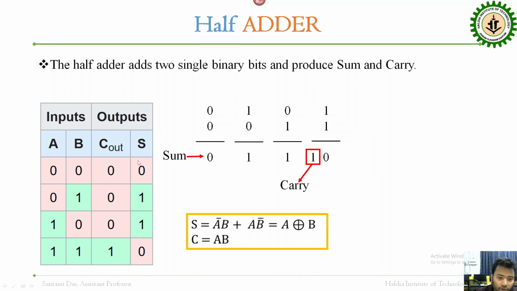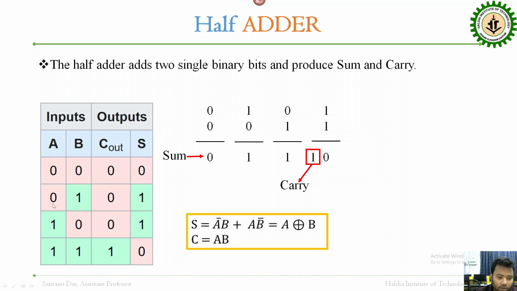Now, if we use the Boolean rules or Boolean postulates, then we can solve for the expression for S, that is sum, and the expression for C out, that is carry out. Now S equals, you can see here we have 1.